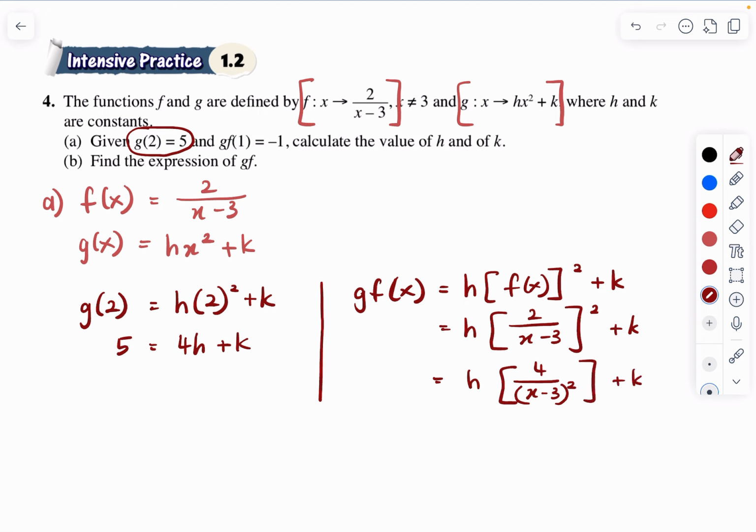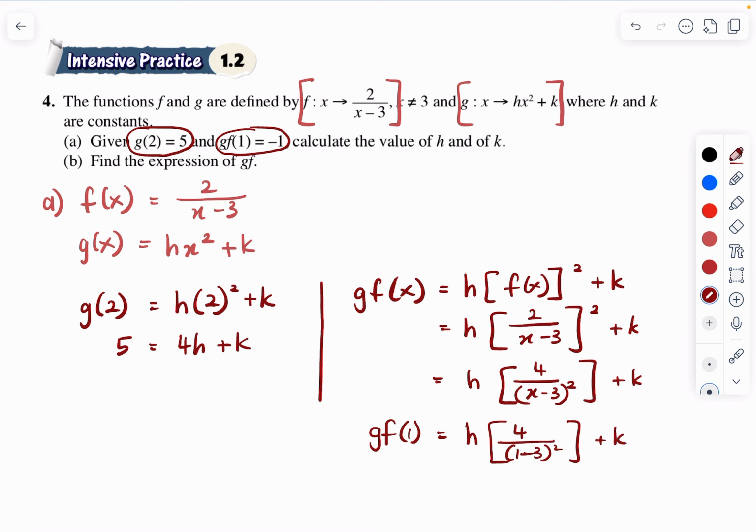Okay, then they said gf(1) is -1. So if gf(x) is 4h over (x minus 3)² plus k, gf(1) will be 4h over (1 minus 3)² plus k.